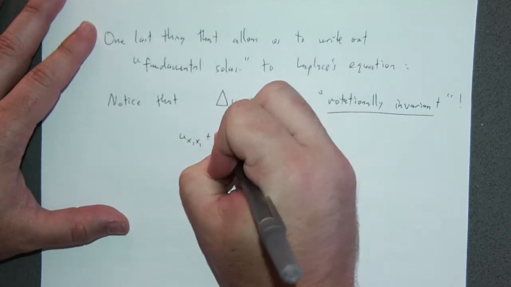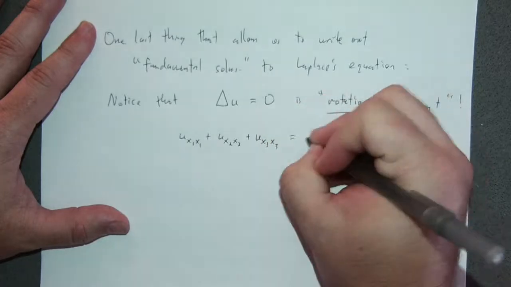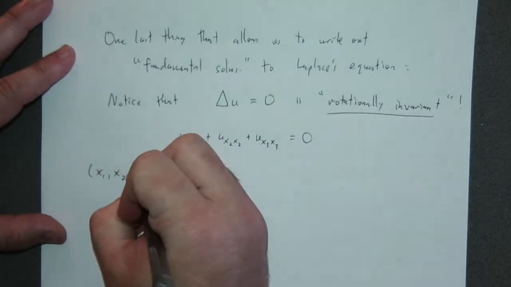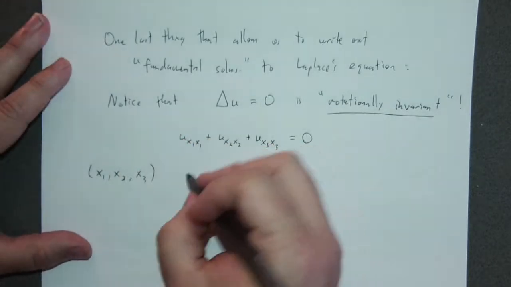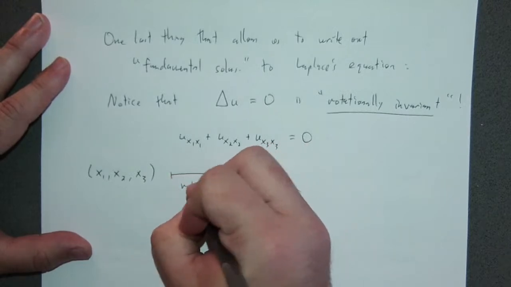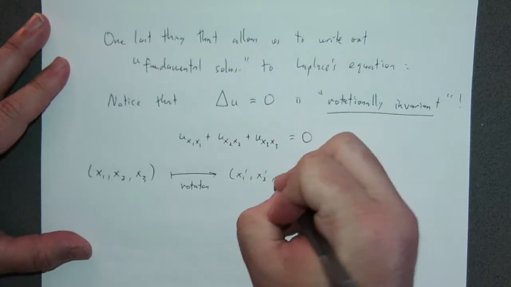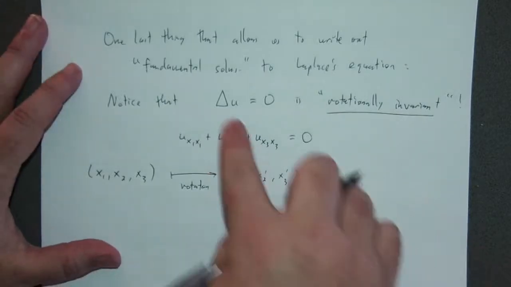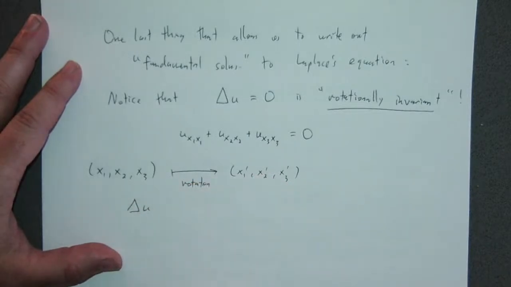If I take a generic point in R3 and apply some rotation to it to get some other point in R3, what becomes of the Laplacian of u in this new coordinate system?